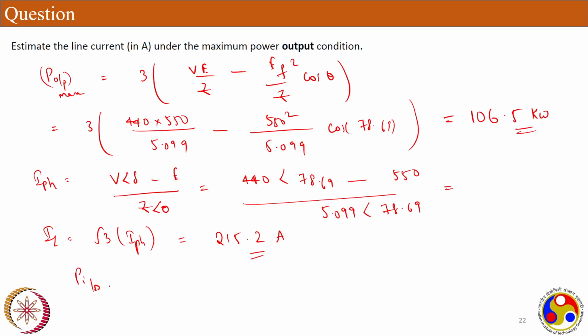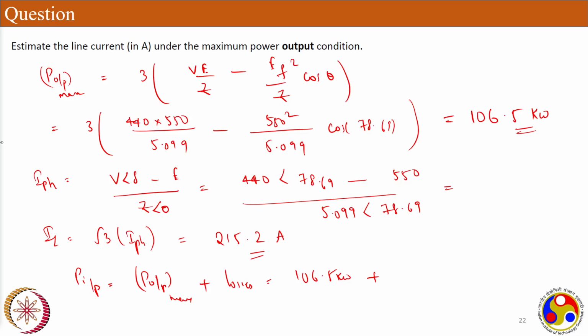So input power would be output power maximum plus losses, right? So this is 106.5 kilowatt plus losses, which would be 3 times your current square multiplied by R, that is your phase current, plus your 1 kilowatt.